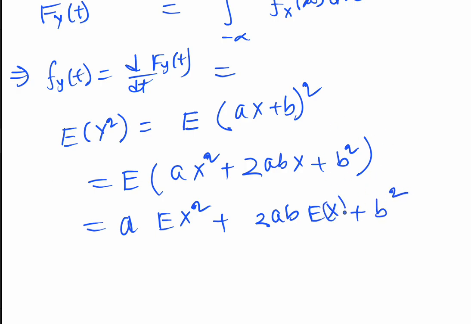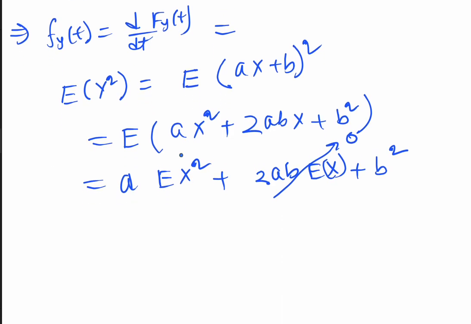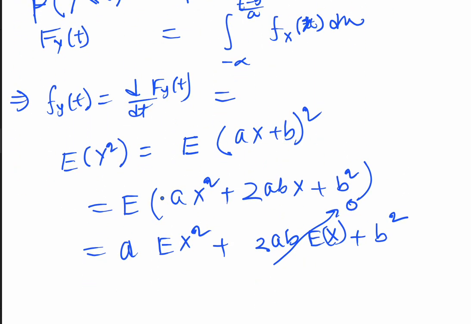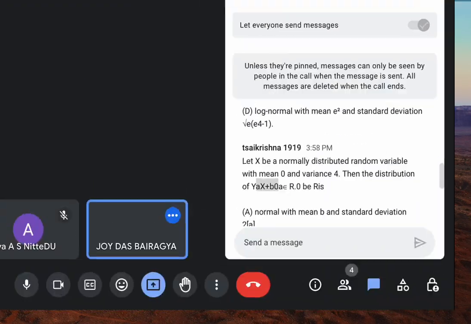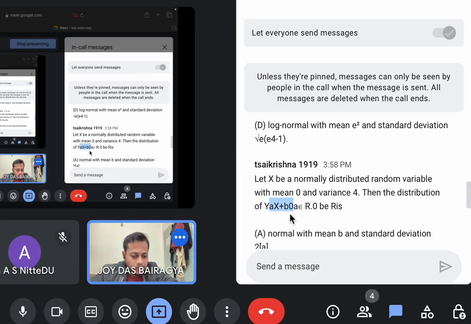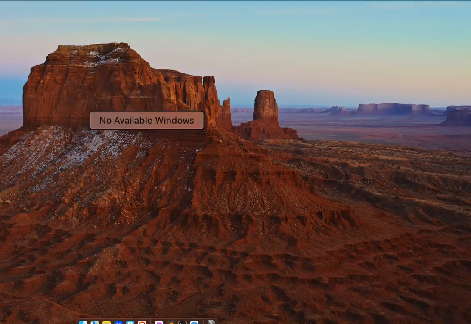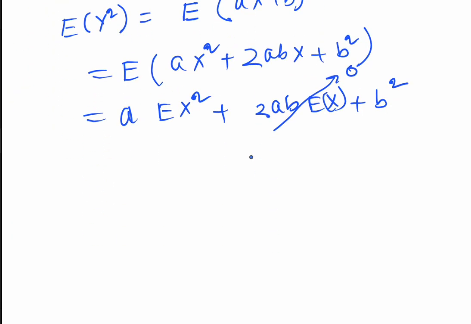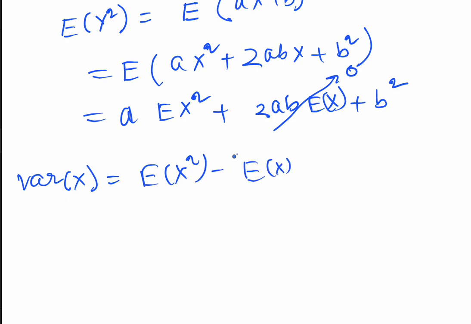You know the expectation of x is 0, so expectation of x square, I think, is the variance. Variance of x means expectation of x square minus expectation of x squared. Since the expectation is 0, the variance actually means expectation of x square.